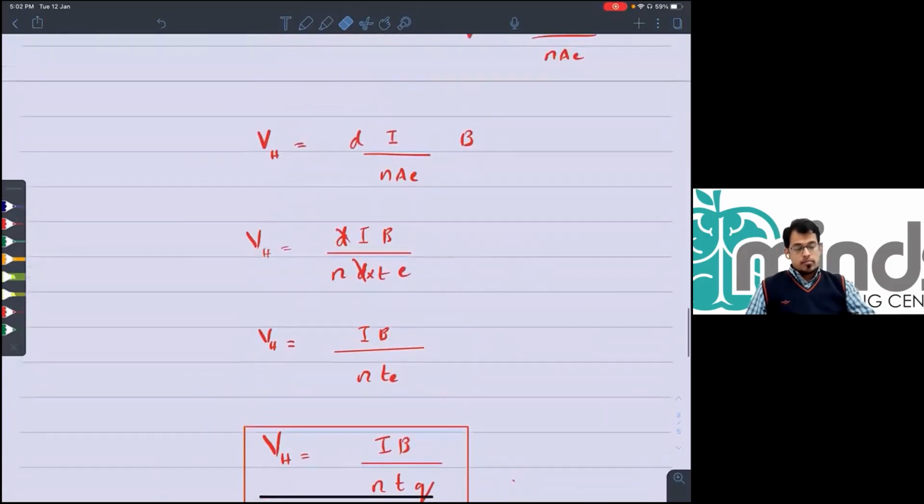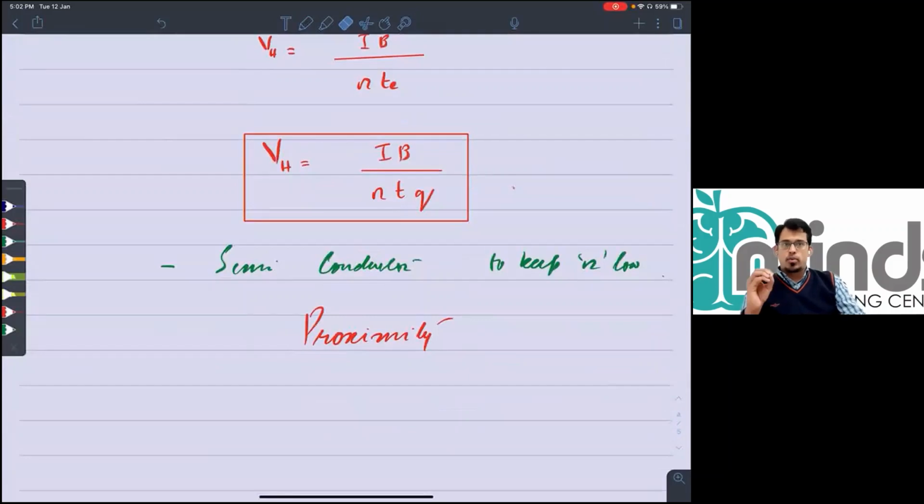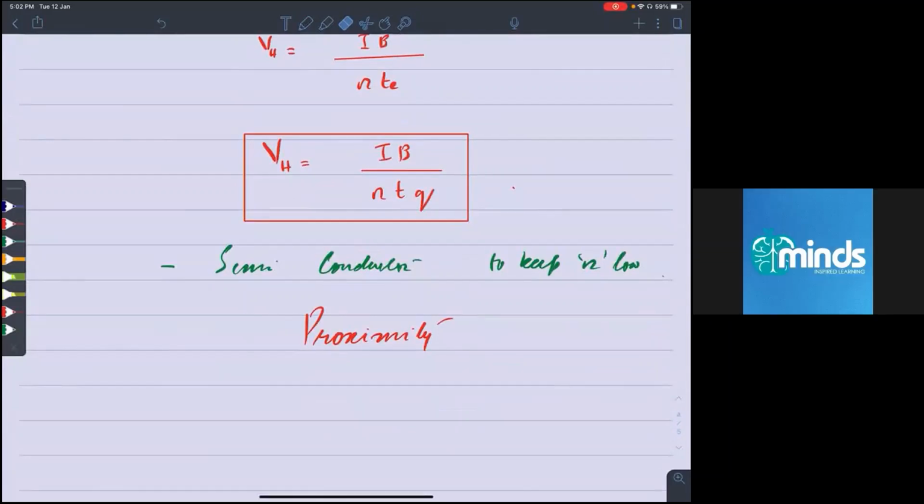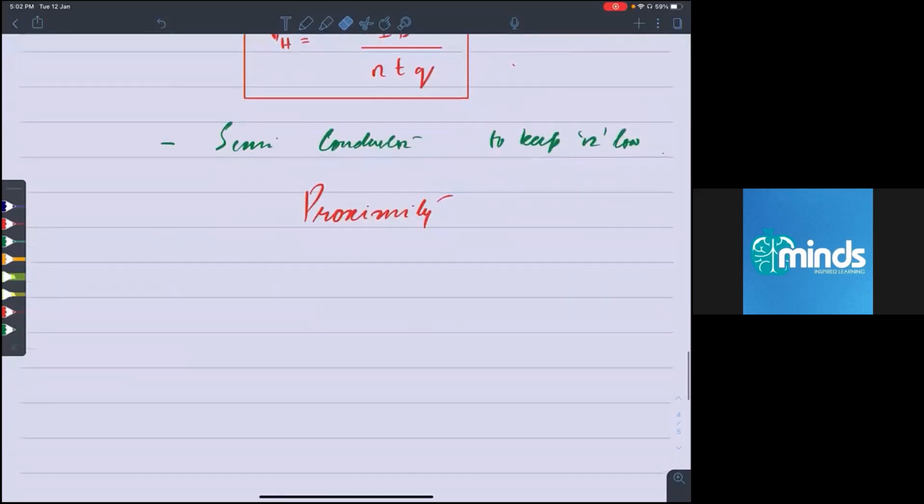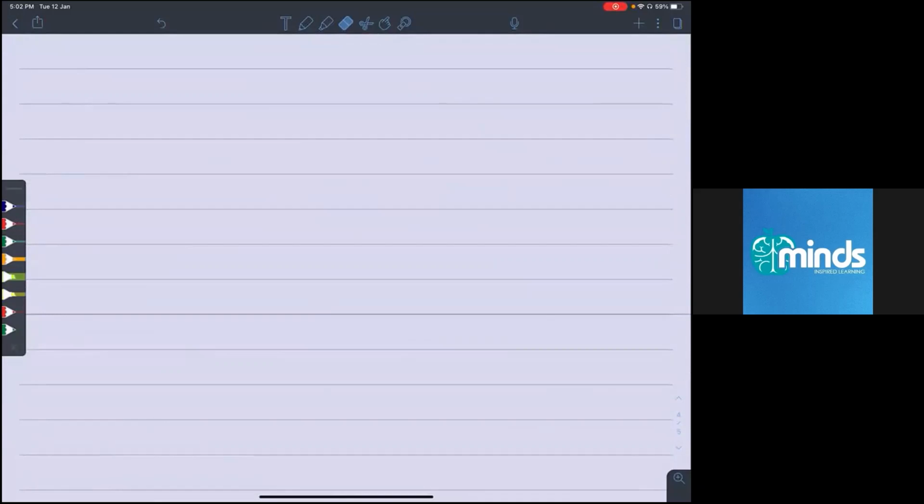So we should know what is a Hall Probe, what is the purpose of Hall Probe, and where we can use it. The major use of Hall Probe is the proximity sensor, and proximity sensors are devices which can detect objects even without touching them.